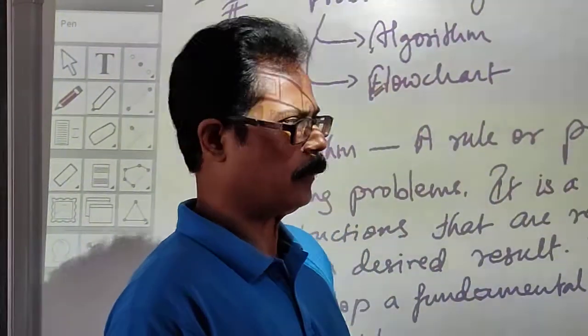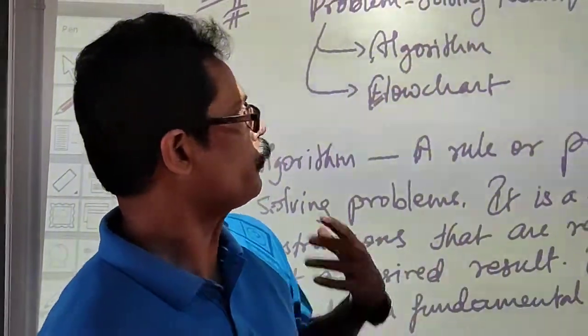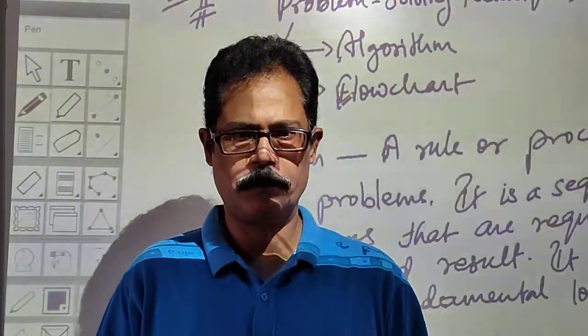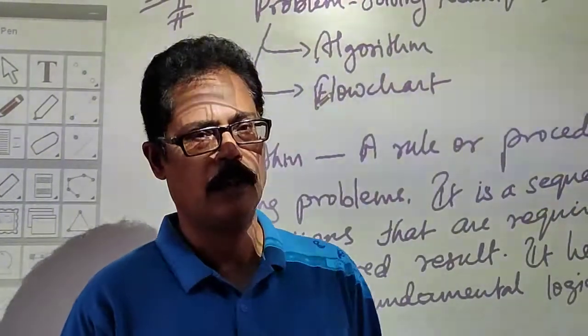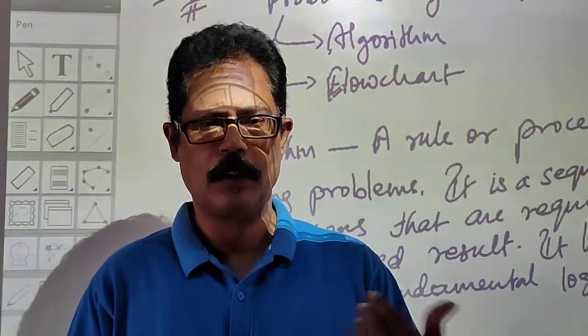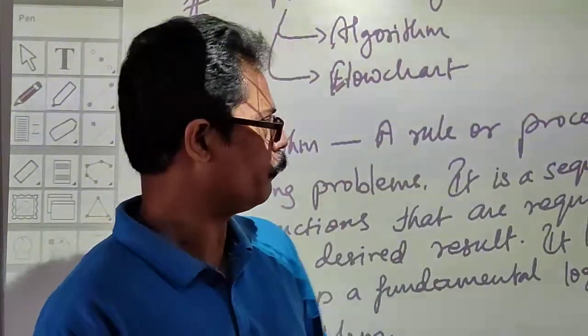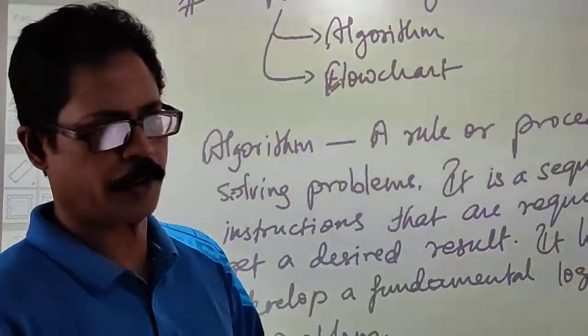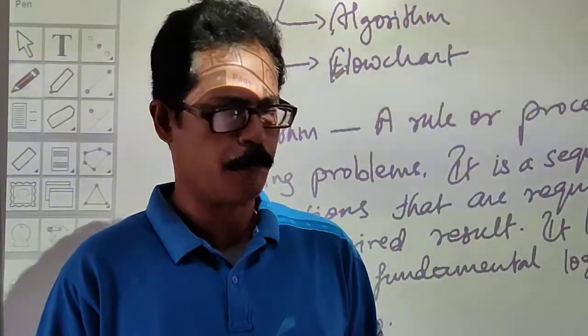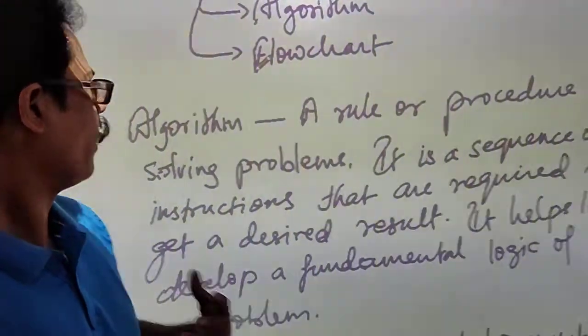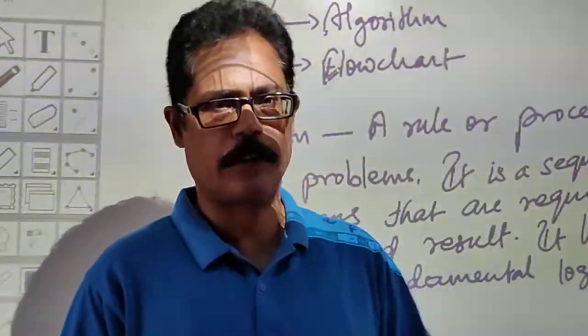There are two problem solving techniques before we write a program. The first one is algorithm and the second one is flowchart. We will discuss algorithm today, and flowchart some other time.